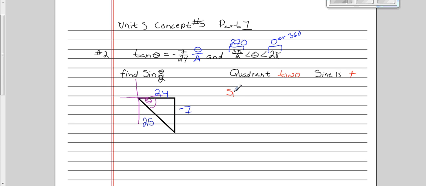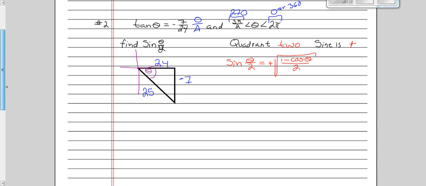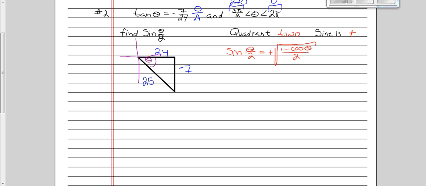So sine, and I'm going to use theta over 2 instead of u this time, because it gives us theta, equals a positive square root of 1 minus cosine theta, over 2. Okay, let me get some more space here. Now with these problems, there's a little more work. So you're actually going to find some values here.